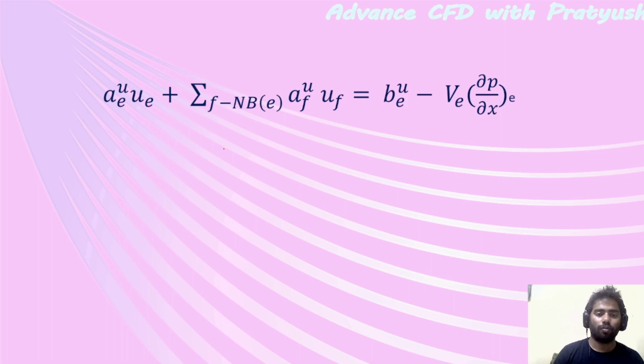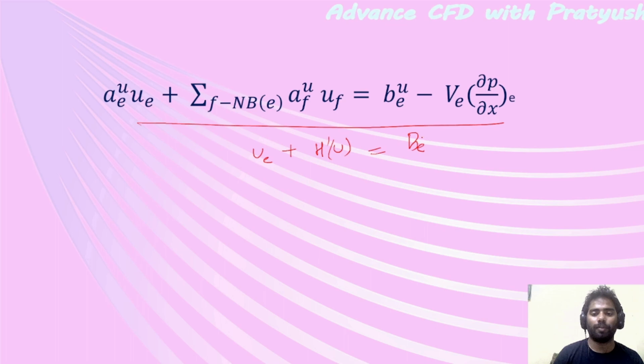The same equation we can write as u_e plus H dash u equal to b_u minus d_e into del p upon del x at e.